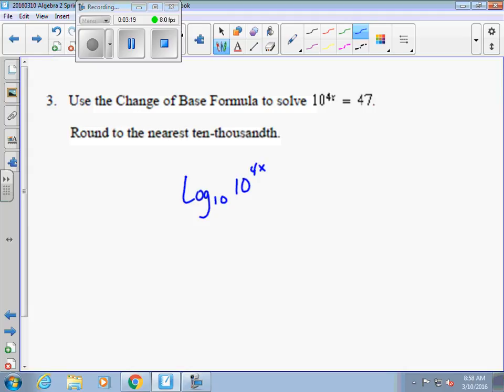And you don't have to write it because log base 10, common logs are log base 10, is equal to, remember, if you take log base 10 of one side, you got to take the log base 10 of the other side, log base 10 of 47. Anytime you have the same base as this, they can cancel each other out. So what you're left with is 4 times x is equal to log base 10 of 47.